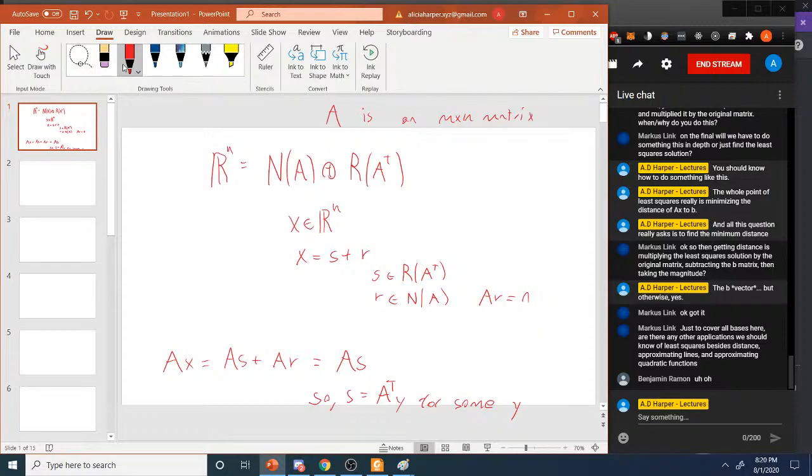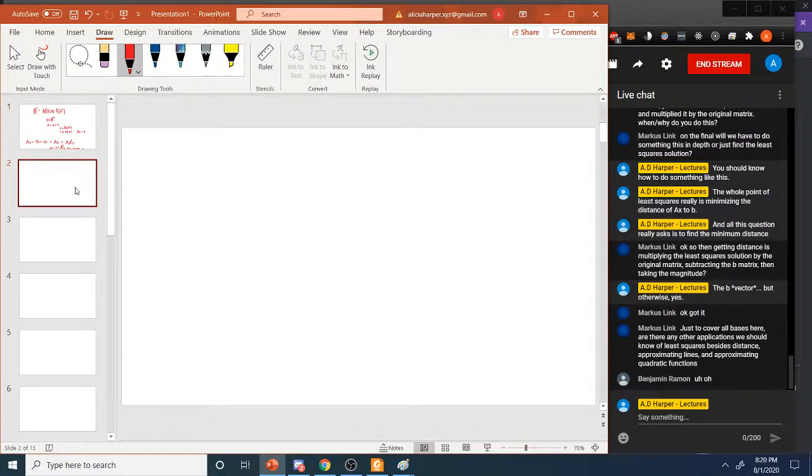Now let's go back to our original equation. We were interested in solving the equation Ax equals b, and b here is an element of R^m.